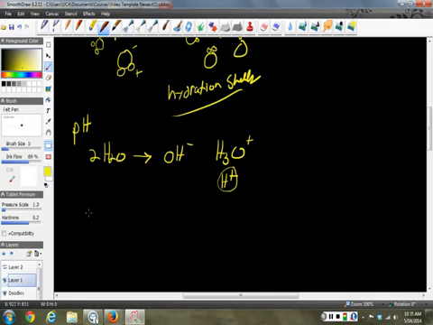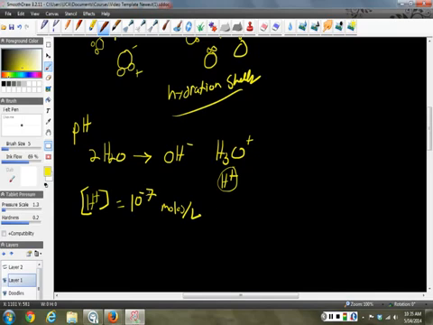But when we measure those hydrogen ions, the concentration of hydrogen ions in pure water would be 10 to the negative 7 moles per liter. And if you don't remember what a mole is, look it up.